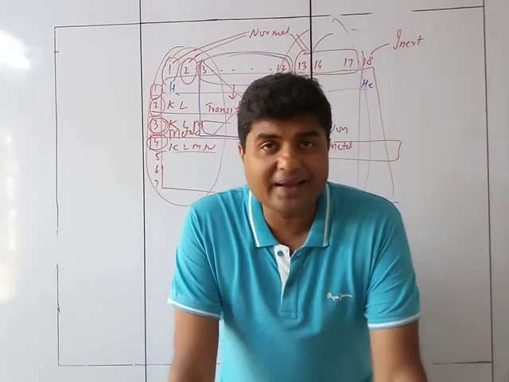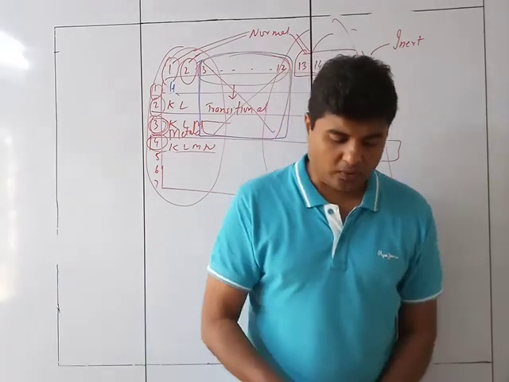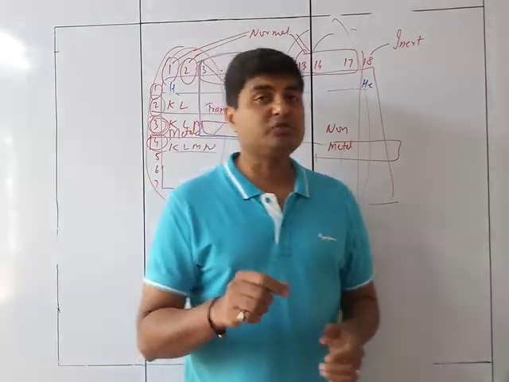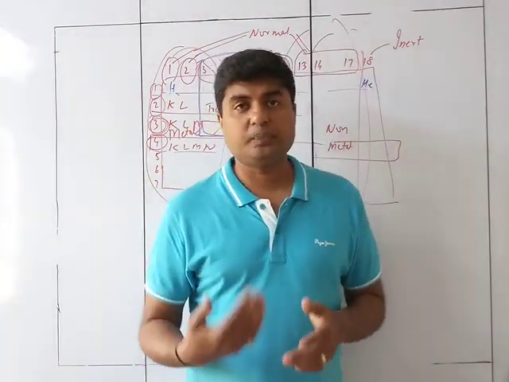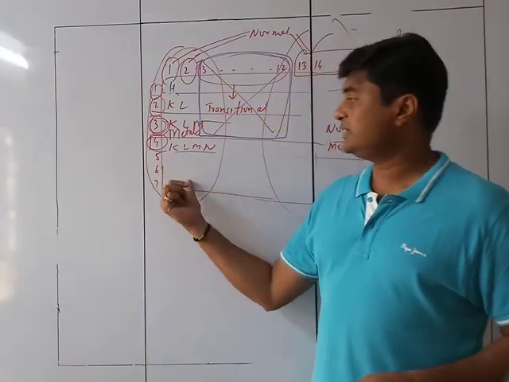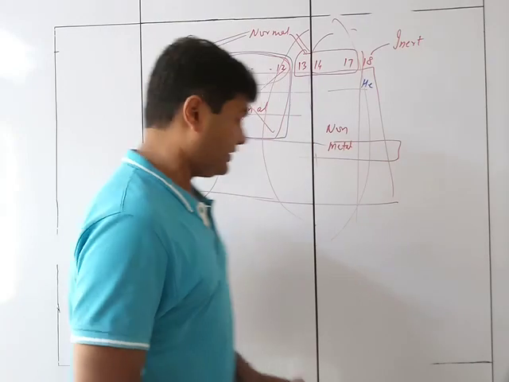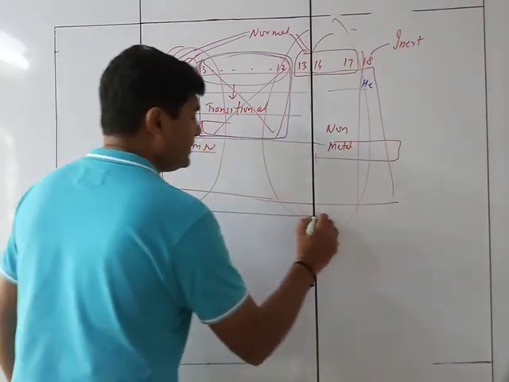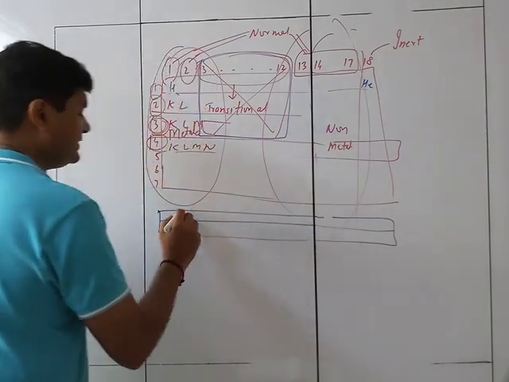Now the fifth period again is 18. The sixth period is going to have 32. This is because the inner transition elements are present in the 6th and the 7th periods, which are given as a separate table at the bottom over here. That is the lanthanides and the actinides.